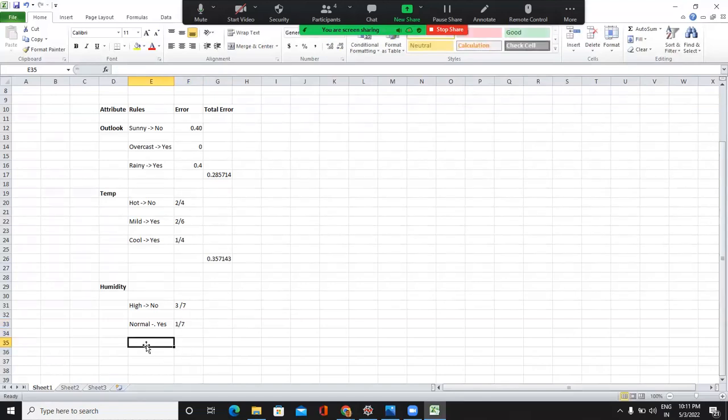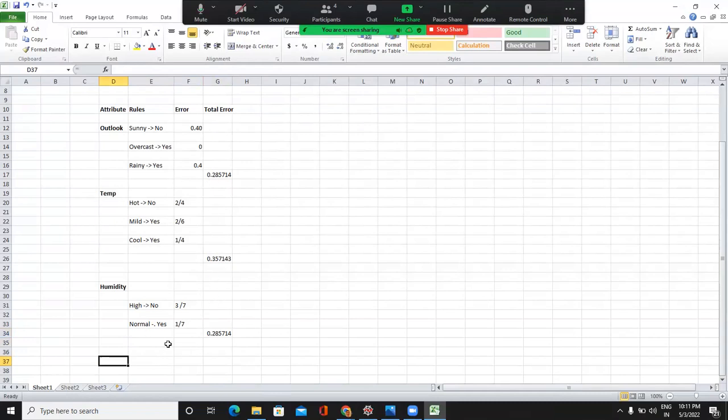So this is done. Humidity has only high and normal. If we add that again the same way, 3 plus 1 will be the numerator, that will be 4 divided by 14. So let's see, already there is a tie.